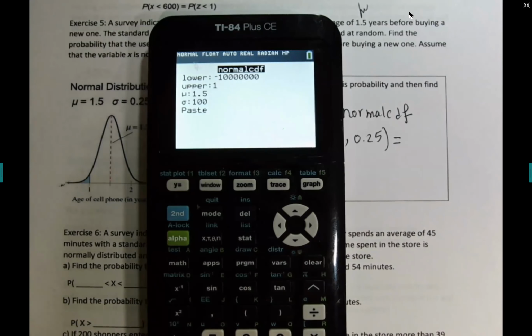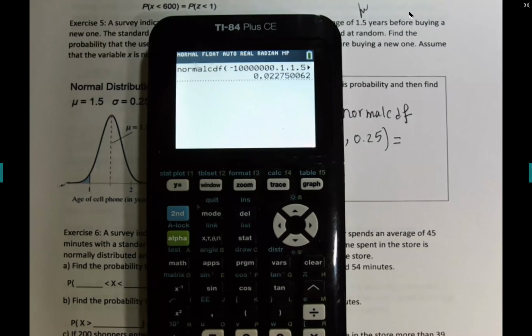It's going to be a small percent of people probably. And then sigma is 0.25 because those phones are very expensive. Paste. Here you go. That's the answer.